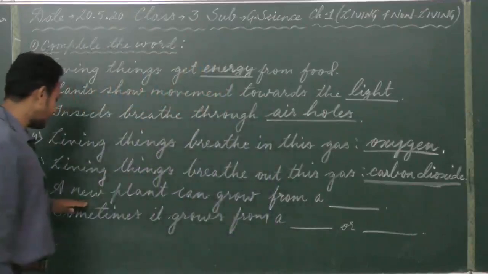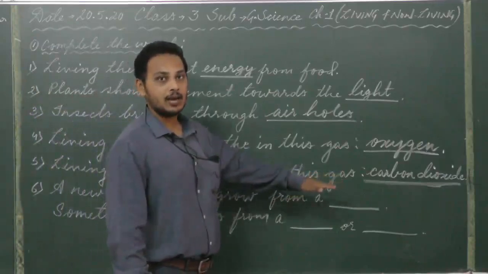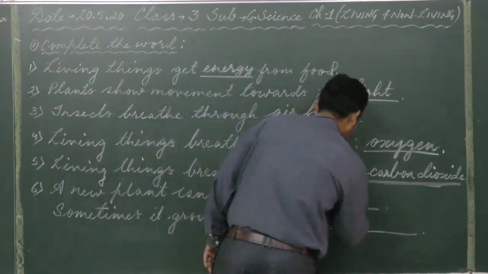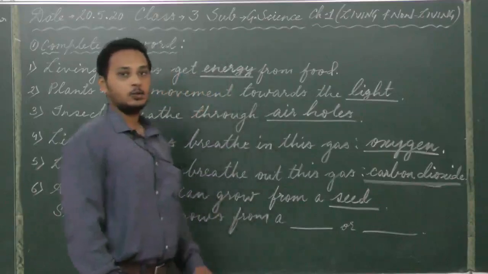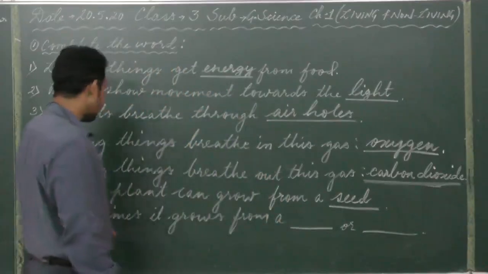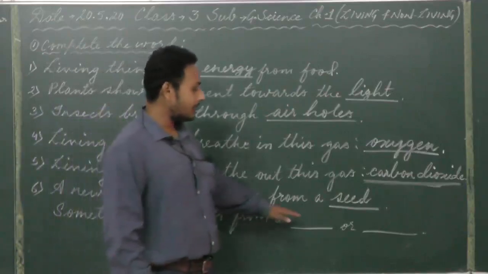Then number 6, a new plant can grow from a dash. How does a new plant grow? It grows from a seed. Yesterday I discussed this answer with you. A new plant grows from a seed. Now also, sometimes there are some plants that grow from dash or dash.